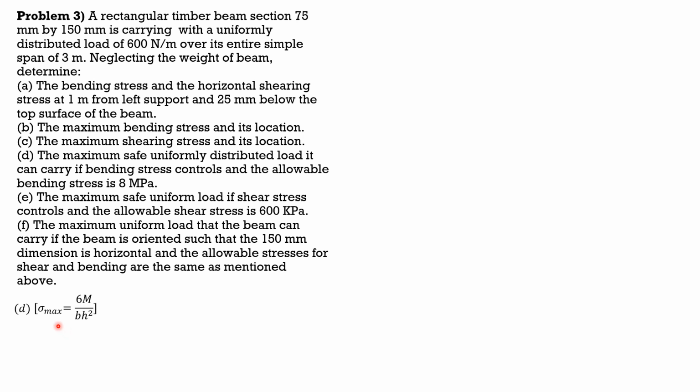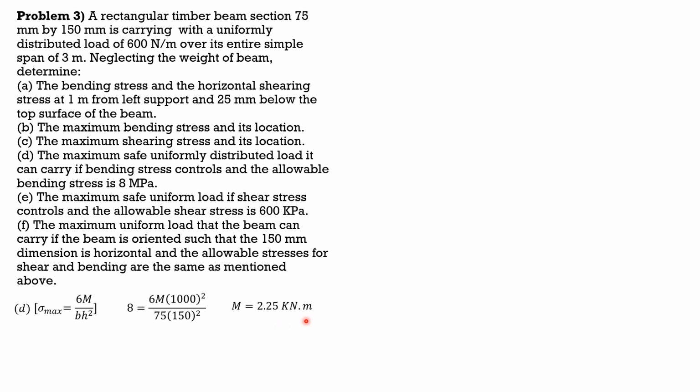So allowable bending stress is 8. So 8 equals 6 times M, assuming M in kilonewton meter, so we multiply 1000 square to convert that to Newton mm, over 75 times 150 square. So M max in kilonewton meter is 2.25 kilonewton meter.